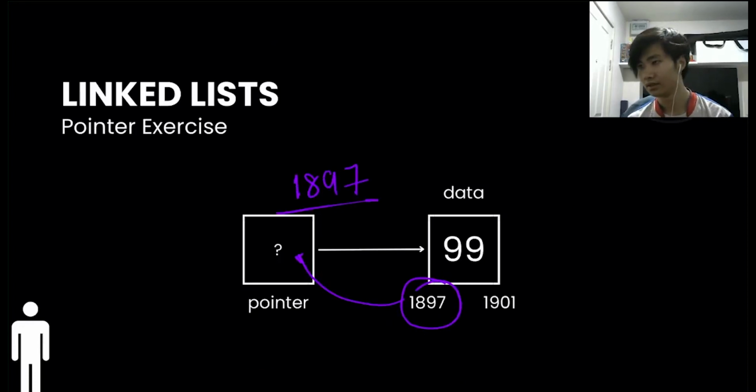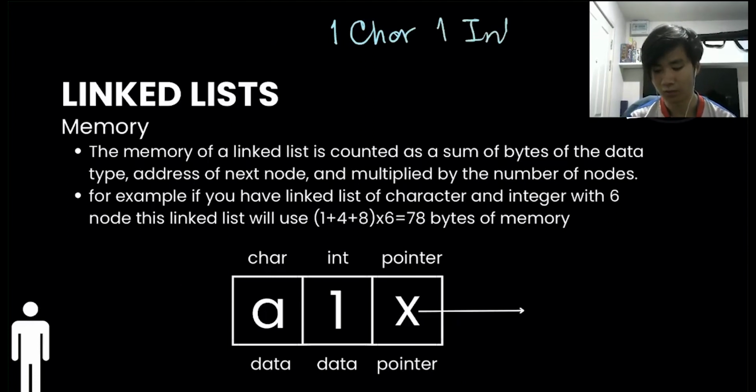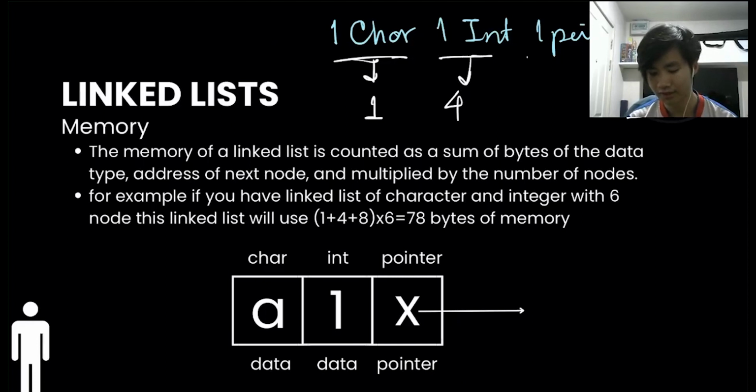Okay, so the memory of a linked list is counted as the sum of the data in the list and the pointer itself. In this case, there are three variables: one character, one integer, and one pointer. A character is 1 byte, an integer is 4 bytes, and a pointer is 8 bytes.